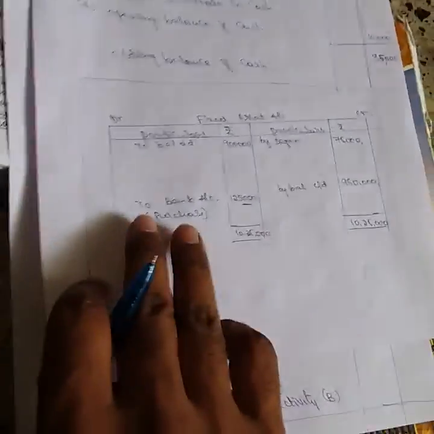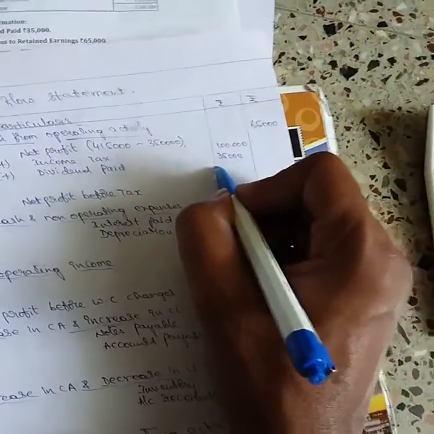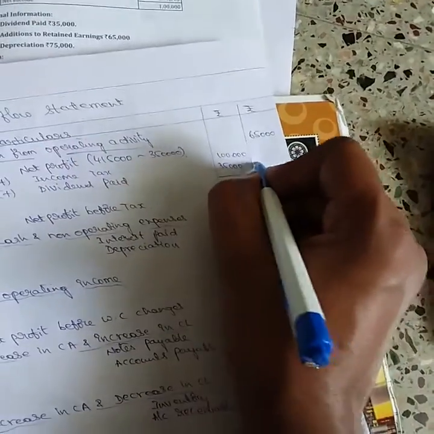Okay, fixed asset is closed. Now close the ledger. So, cash flow statement. Net profit 65,000. Add 1,35,000, income tax plus dividend paid, 1,35,000.